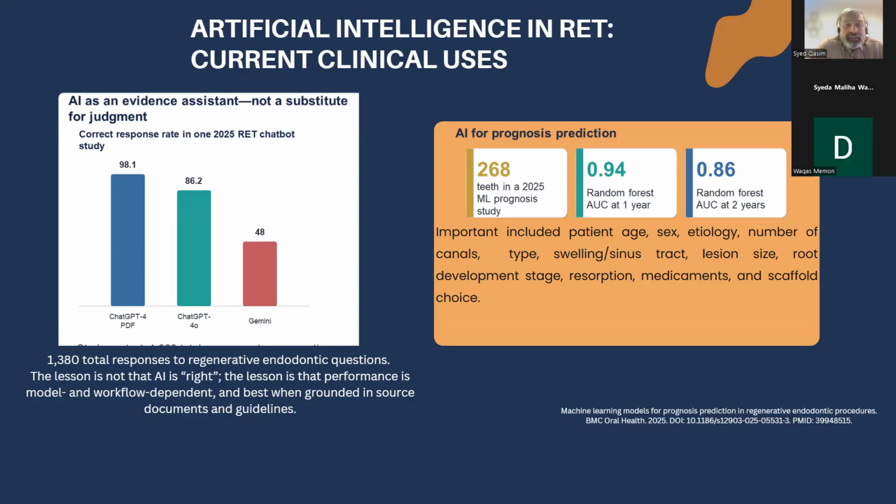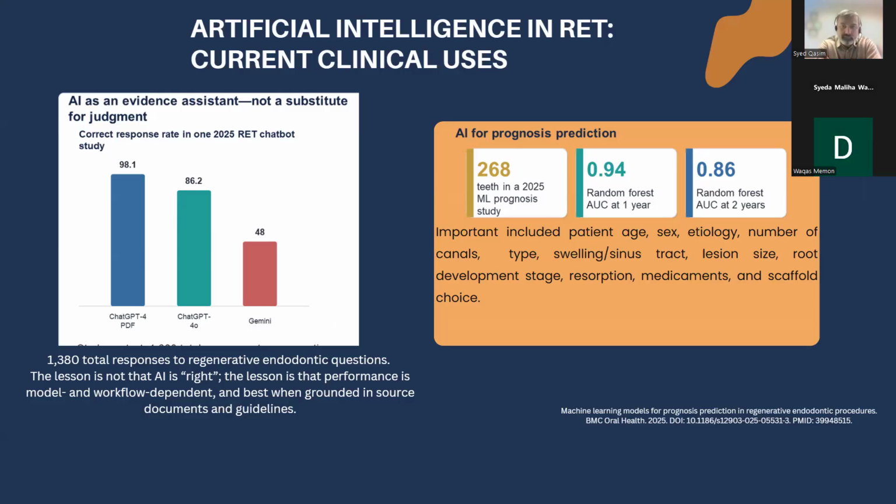Now, 268 teeth in a 2025 ML prognosis study, 0.94 random forest AUC at 1 year, and 0.86 random forest. So this is the outcome of the study. I'll try to make sense of whatever these numbers are for you.